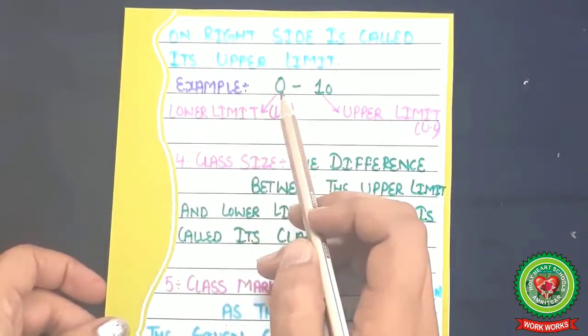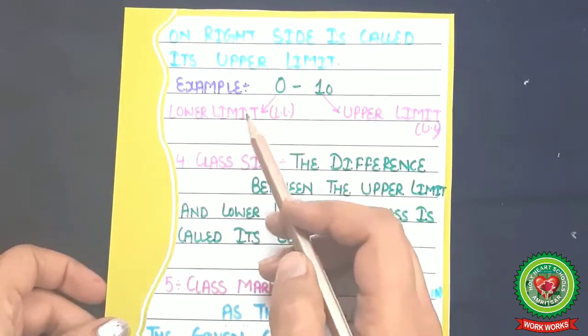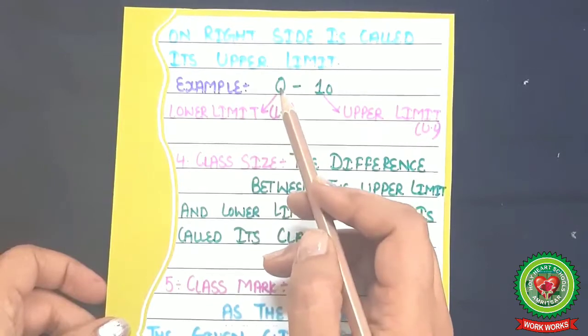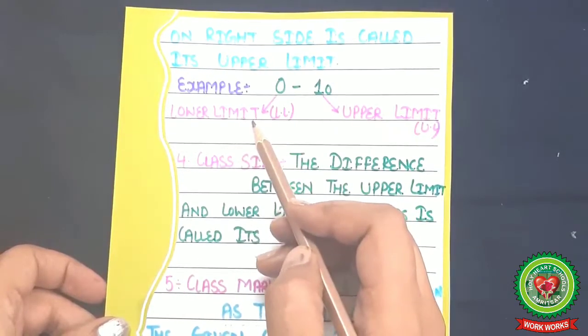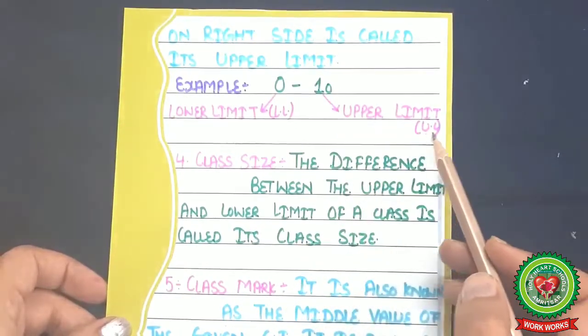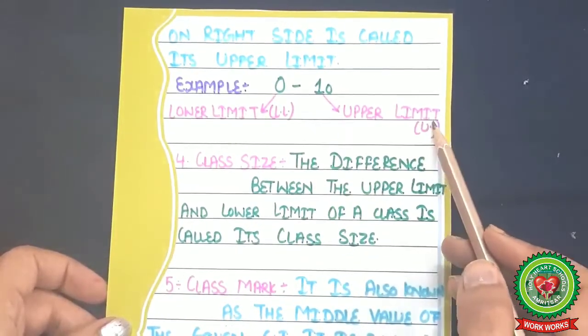For example, 0 till 10. Here 0 is the lower limit. It is denoted by LL because it is on the left side, and right side is 10. It is denoted by UL, that is upper limit.